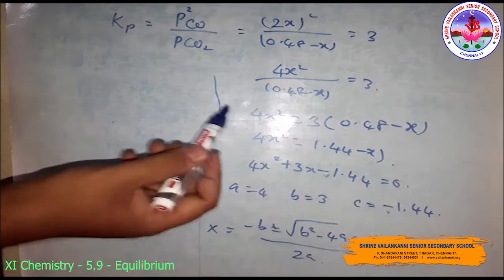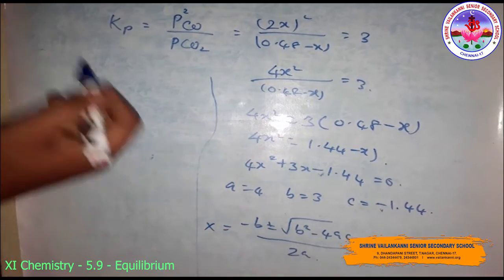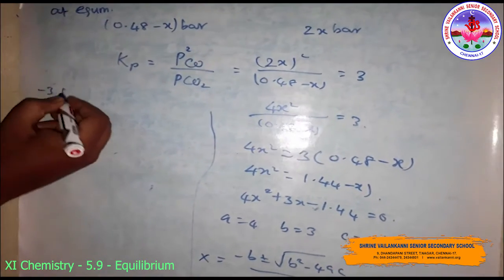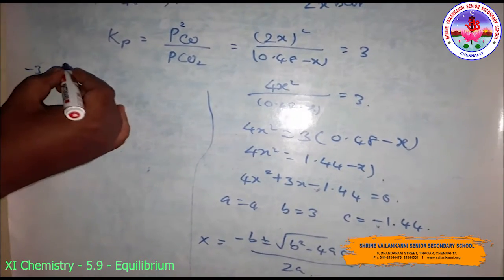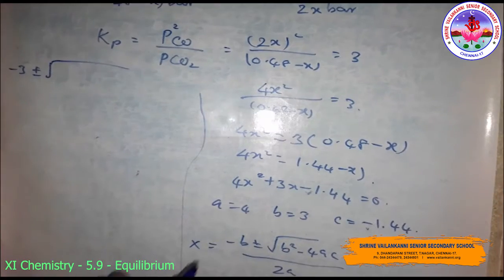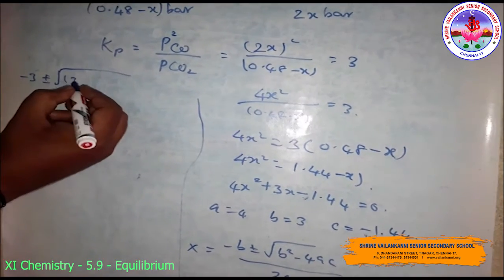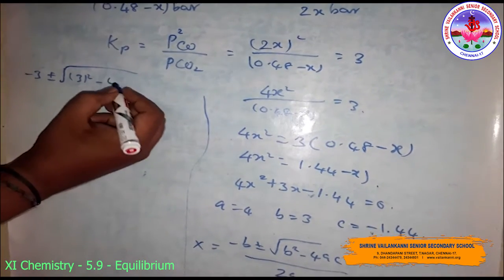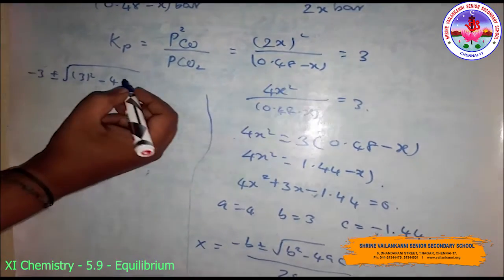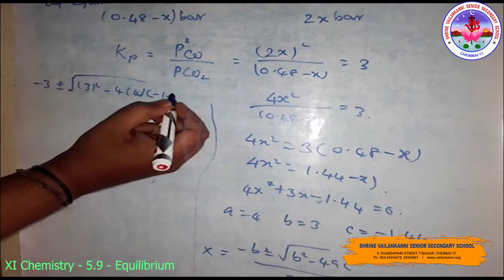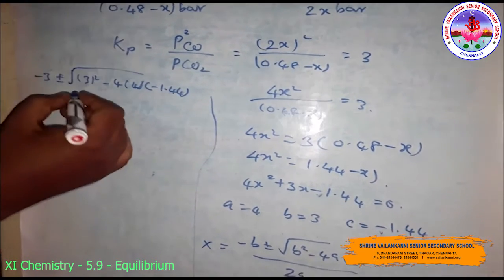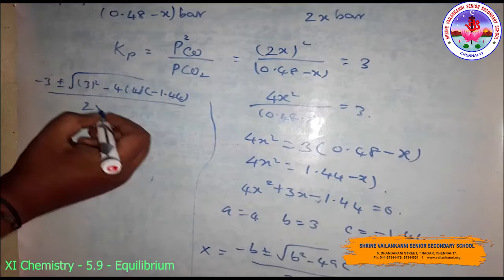Minus b, so what is the b value? 3. So minus 3 plus or minus root of 3 squared minus 4 into a, which is 4, into c, minus 1.44, divided by 2a, where a is 4.